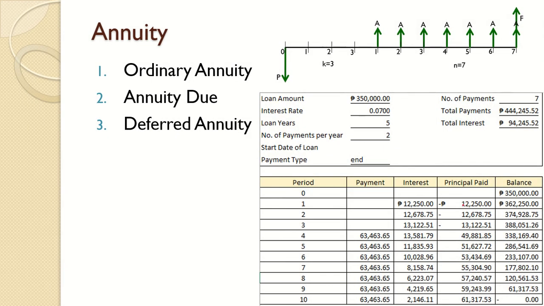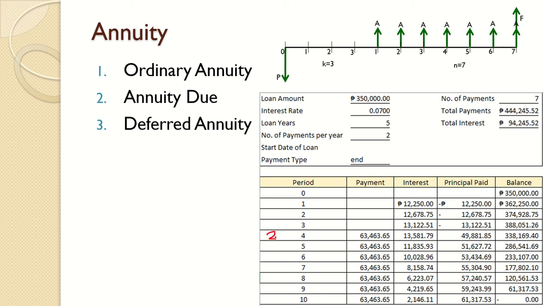So here's an example of deferred annuity. You have loan years is 5, number of payments per year is 2, meaning semi-annual compounding, payment time is the end of every year. Here, if you check the amortization schedule, the payment started at the end of the 4th period, which means at the end of the 2nd year.